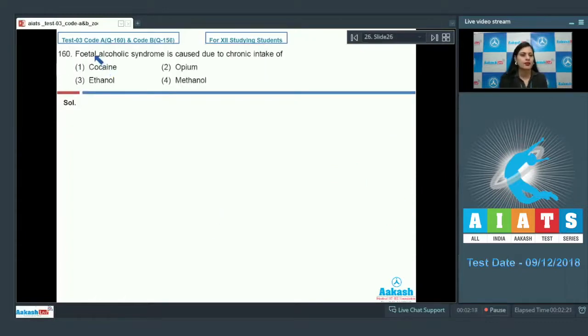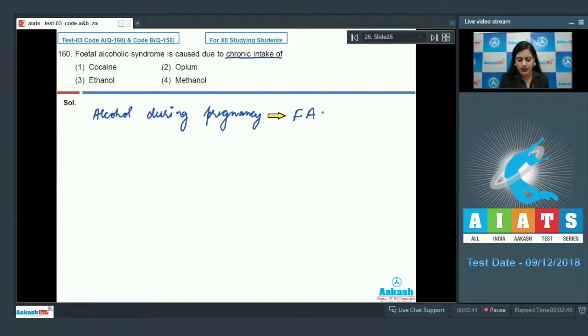Question number 160. Fetal alcohol syndrome is caused due to chronic intake of, and the chronic intake of alcohol during pregnancy causes fetal alcohol syndrome, which includes facial changes, deformity in concha, defects in atria and ventricles in heart.